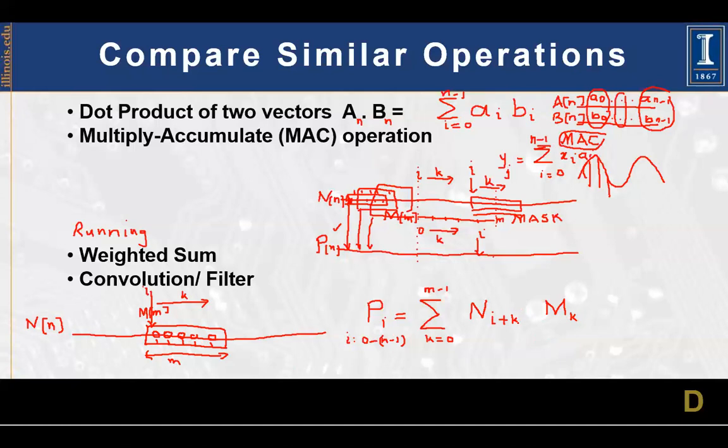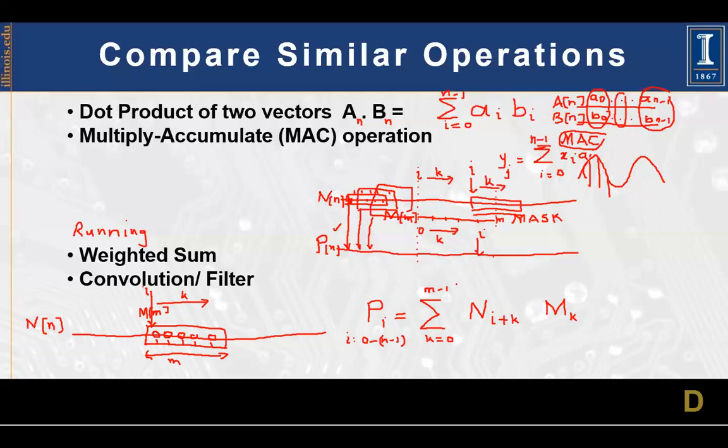Then k will become 1. So I will use the n[i+1] element, the next element, multiply it with m1 and accumulate. And then k will be 2. So I will multiply n[i+2] with m2 and add them.